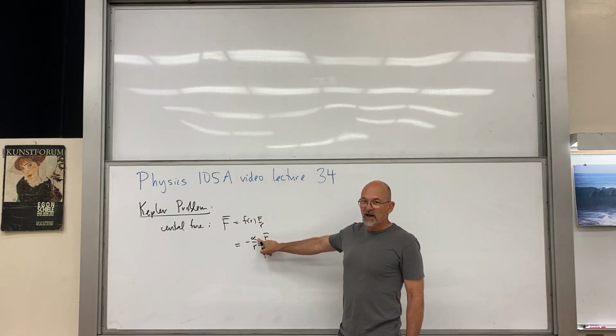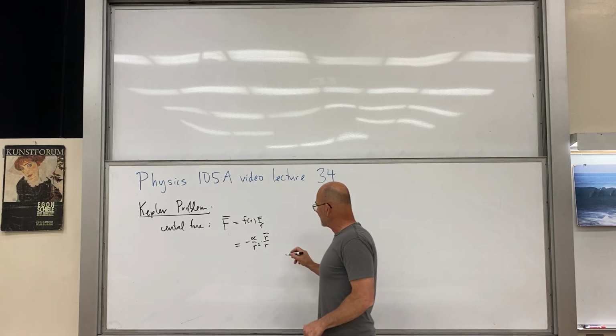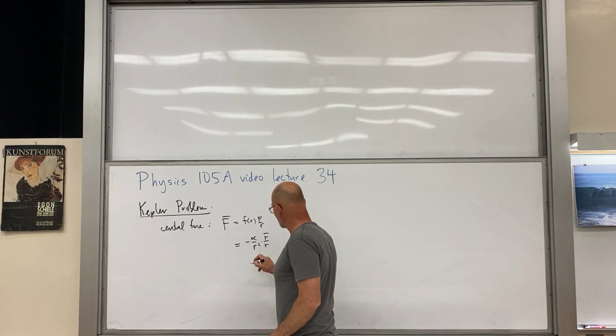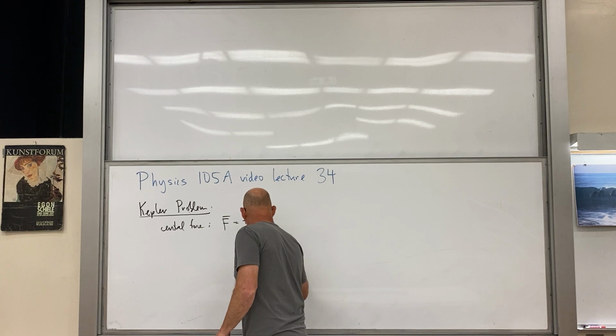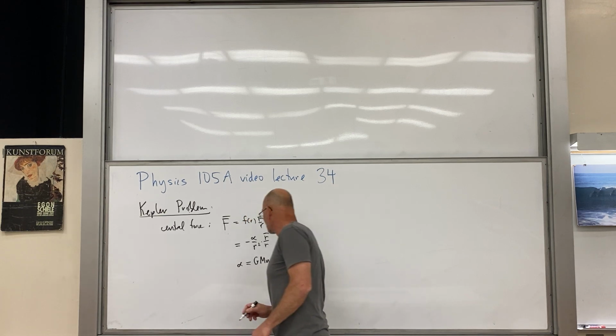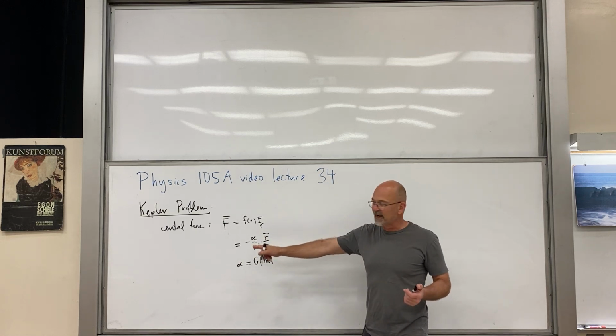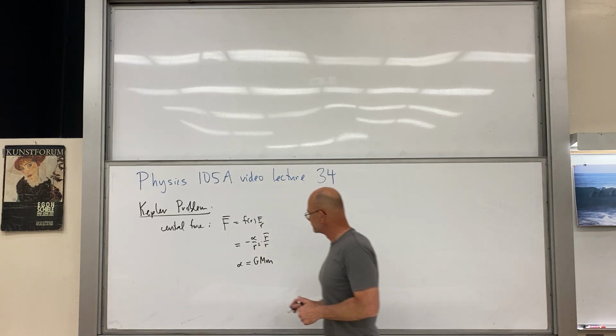For the two-body problem with Newtonian gravity, alpha would equal G times the product of the two masses. But we're just sticking with the general case. Okay, so we're using our alpha.